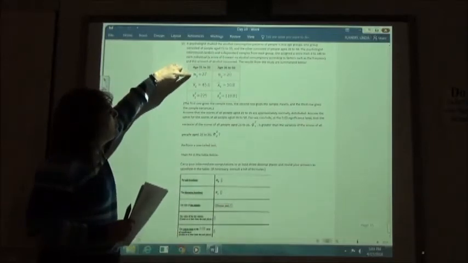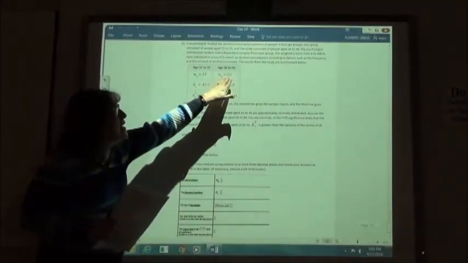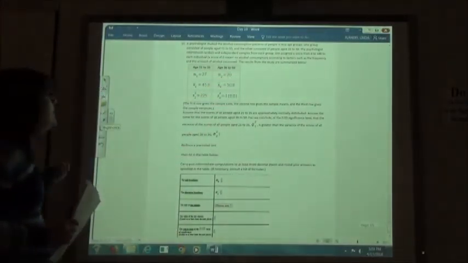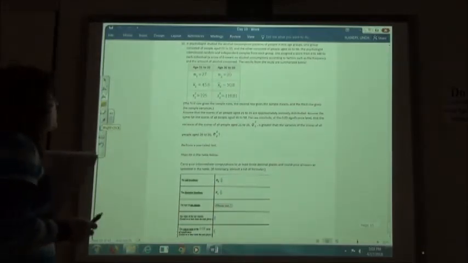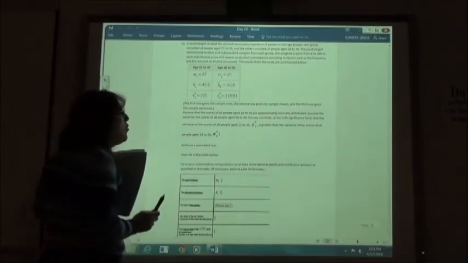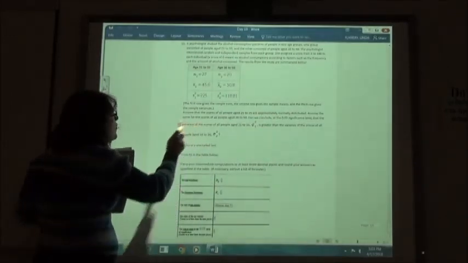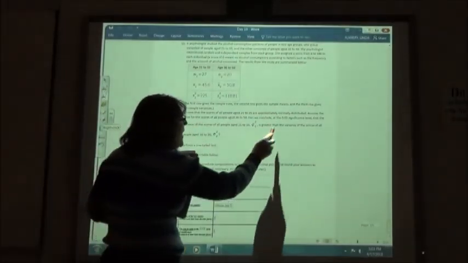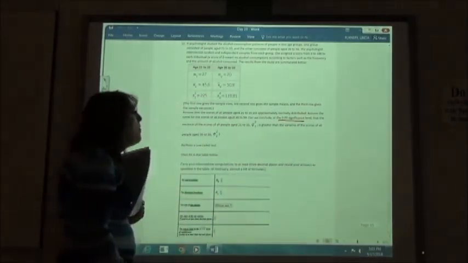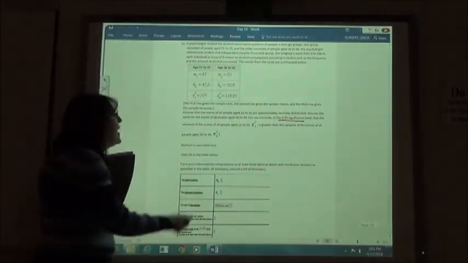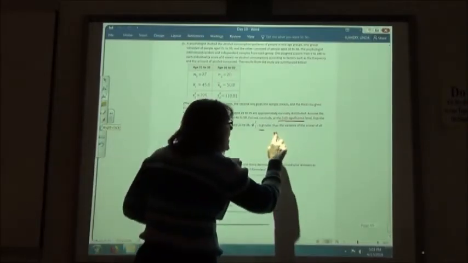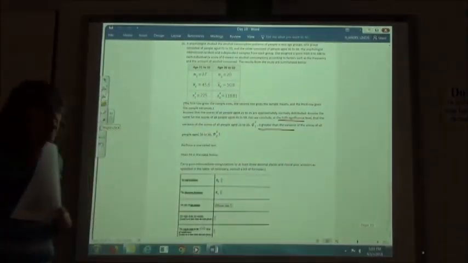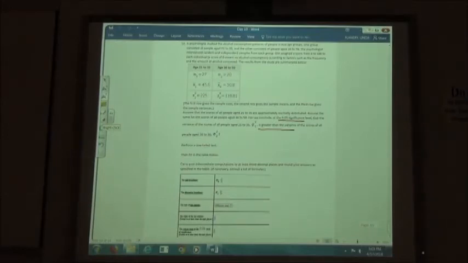So here, 27 people were surveyed. Here, 20 were surveyed. So, first of all, we want to know, assuming that these are approximately normally distributed, for the scores of all people, can we conclude at the 0.05 level of significance that the variance for people from 21 to 35 is greater than the variance for 36 to 50?